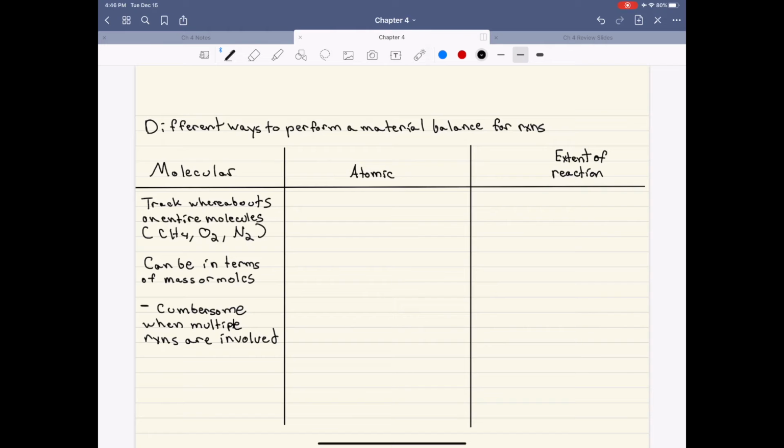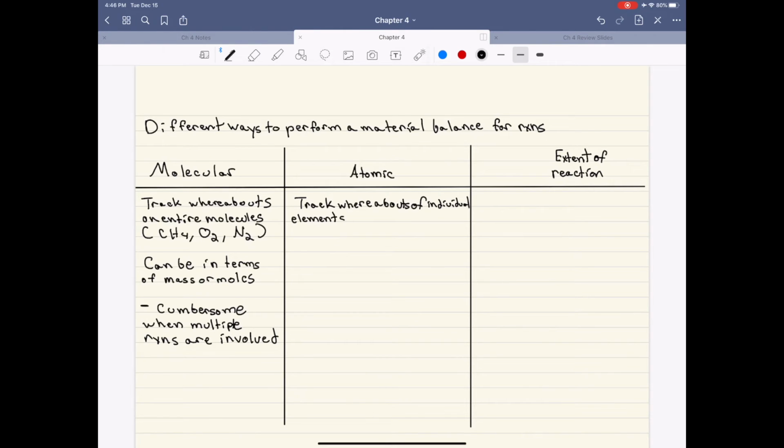With an atomic material balance, rather than tracking the whereabouts of entire molecules, what you do is you track the whereabouts of individual atoms or elements.